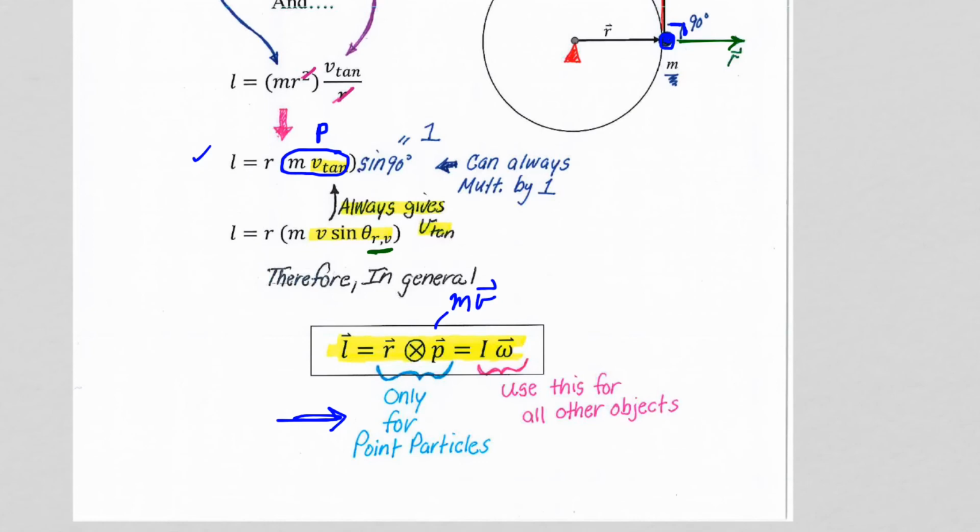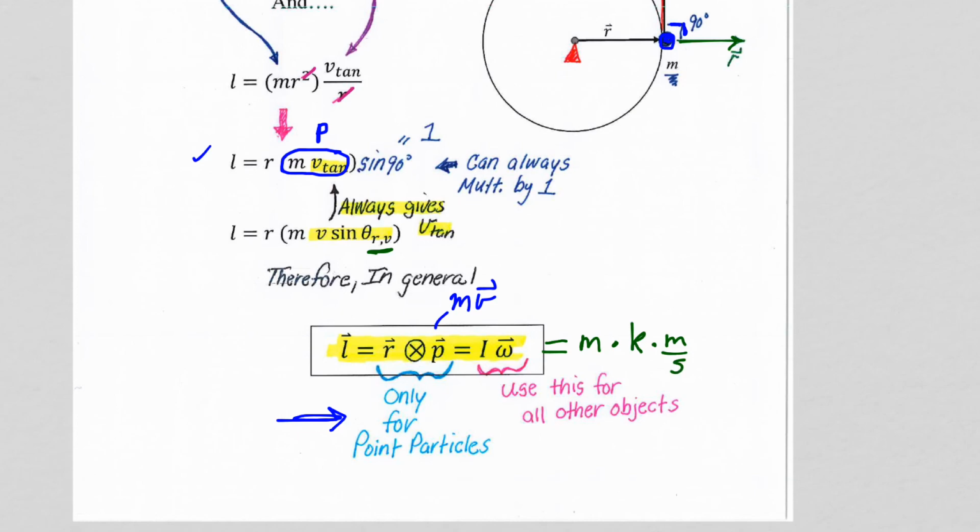Our units for angular momentum do not have a value specifically to themselves, just like linear momentum did not. R is in meters, P is in kilograms meters per second.